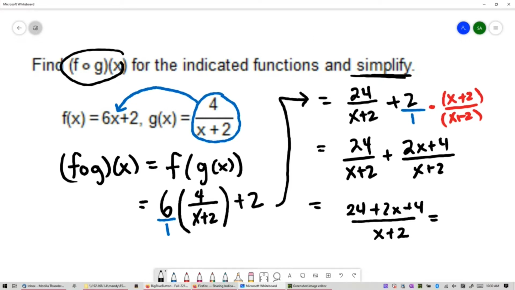I have some like terms in the numerator. The 24 and the 4 will combine together to be 28. And that gives 2x plus 28 over x plus 2. So that's our simplified composition, f composed with g.